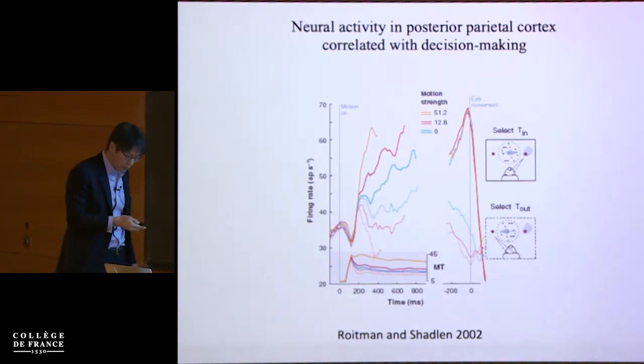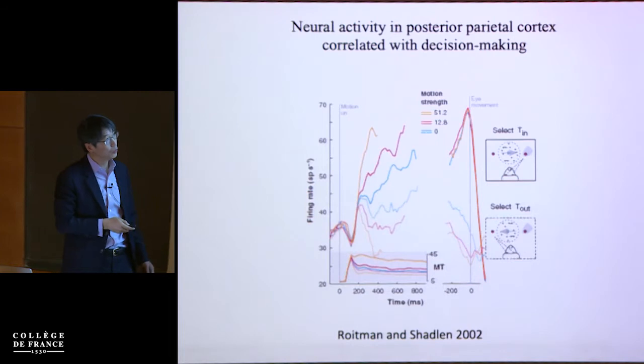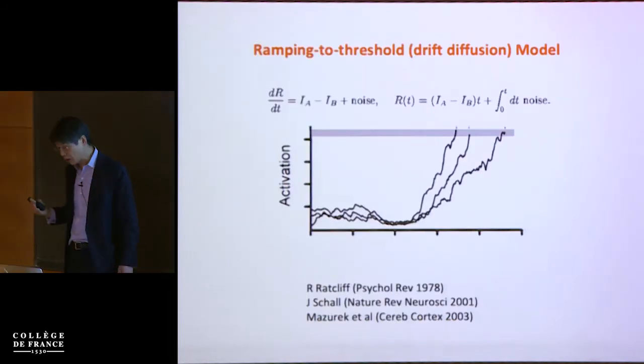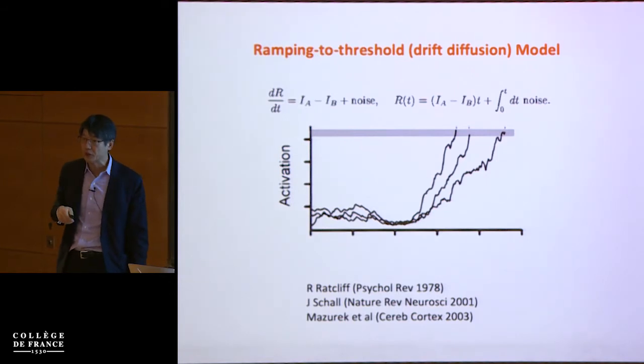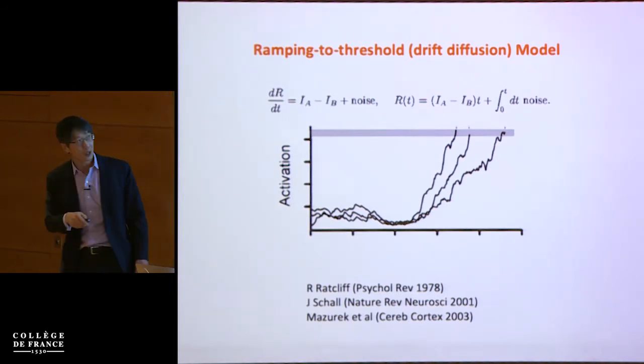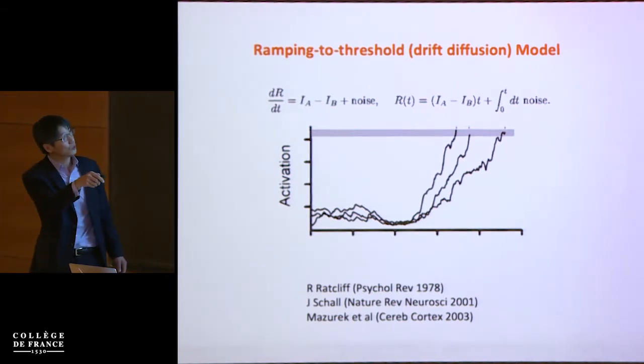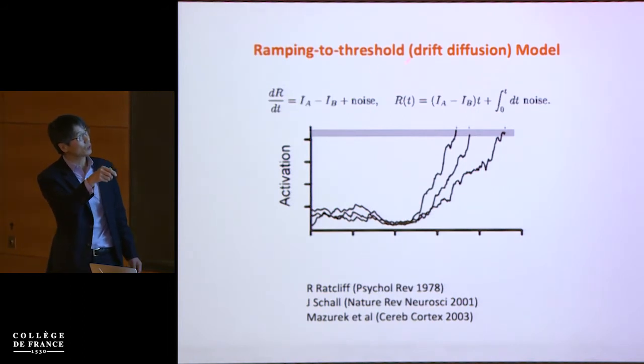That's very appealing and exciting for people, both in neuroscience and psychology, because this seems to remind people of a very simple mathematical model in psychology called the drift diffusion model, or ramping to threshold model.